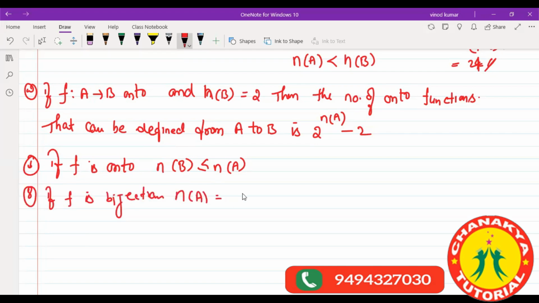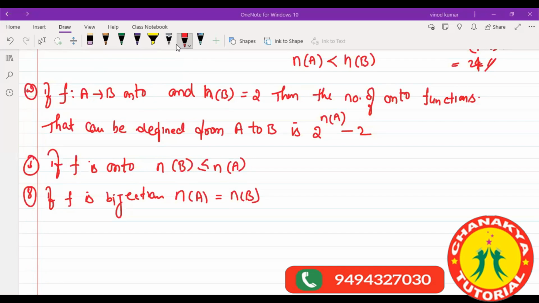The number of elements in A and the number of elements in B are both the same. Yeah, that is for bijection.